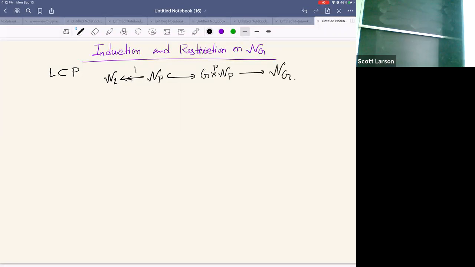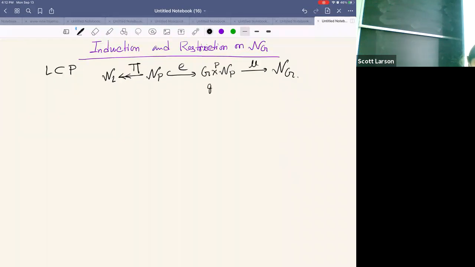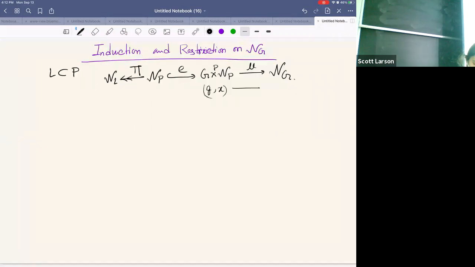So this is the projection map. This is the inclusion map. This map sends Gx to Gx. Okay. So what do induction and restriction do?